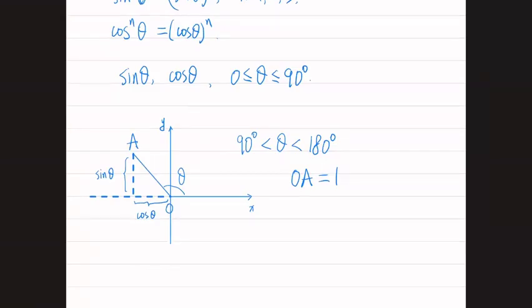So sine theta is positive in this case. It's the height, but the cosine theta will go this direction. It becomes negative.